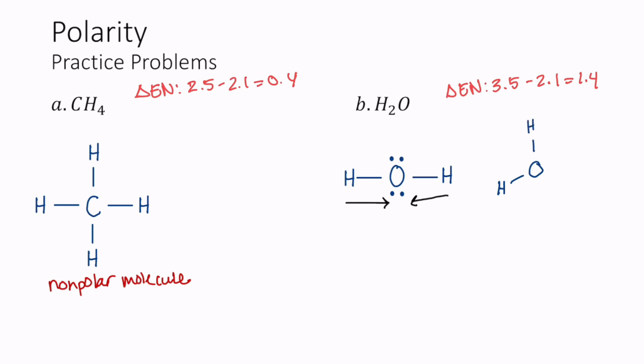One of them is going to be going up. And then I will have my lone pairs, one of which will be coming out at me and one which will be going back into the page. So now we can see that we don't have the electrons moving in equal and opposite directions. So this is going to be a polar molecule.